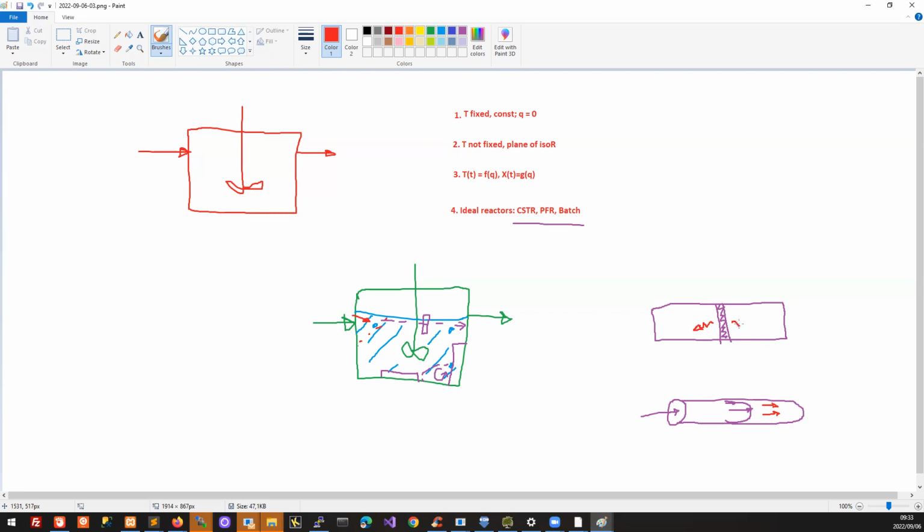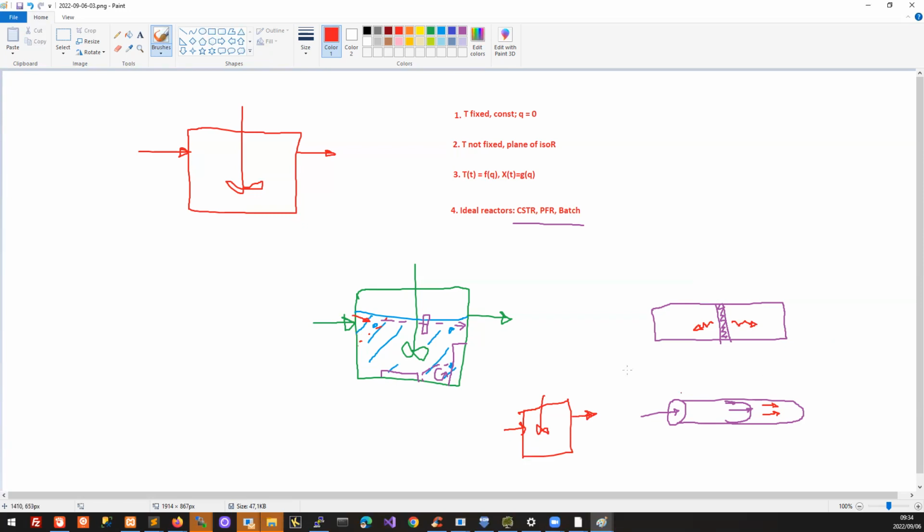So you have diffusion that's superimposed on top of your bulk movement of fluid. So nothing is a perfect PFR, nothing is a perfect CSTR. Of course, in the batch reactor, you can stop flow in and flow out, but then the same mixing issues arise, okay?